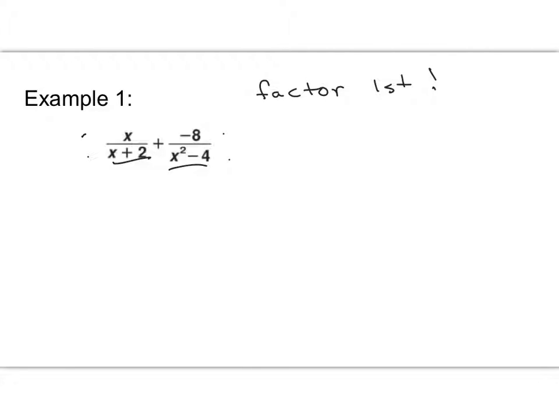This is already factored, but this is the difference of two squares, and I can factor that into x plus 2 times x minus 2.